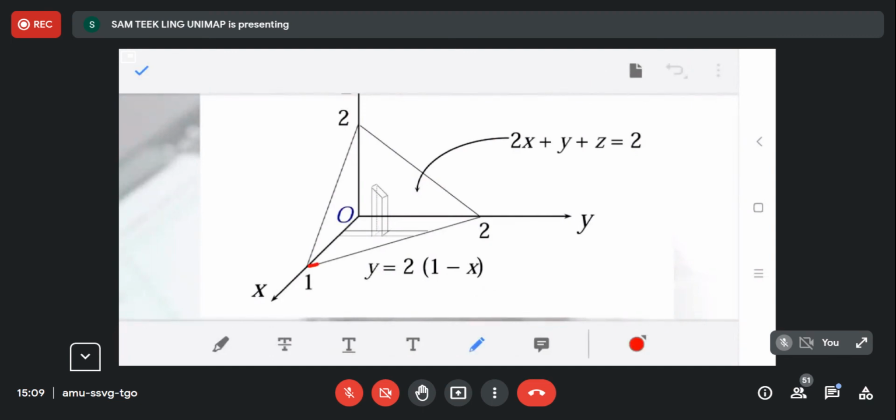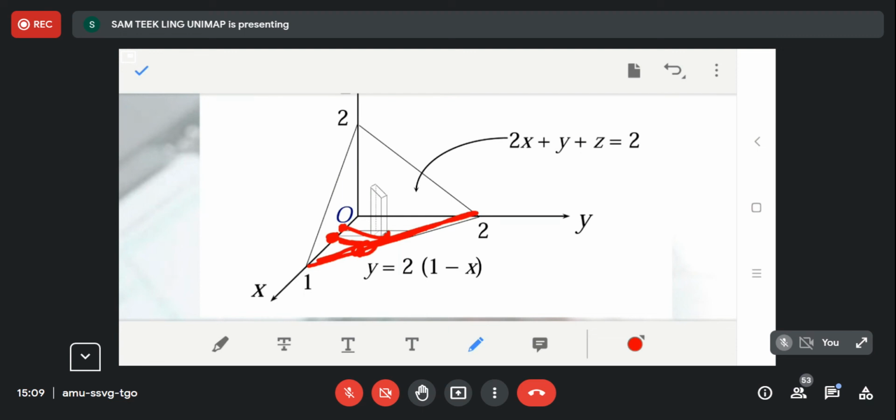Now I want to find the equation for this line, because my y starts here, ending at this line. So all lines are the same. If you combine all the lines, you will get one surface.